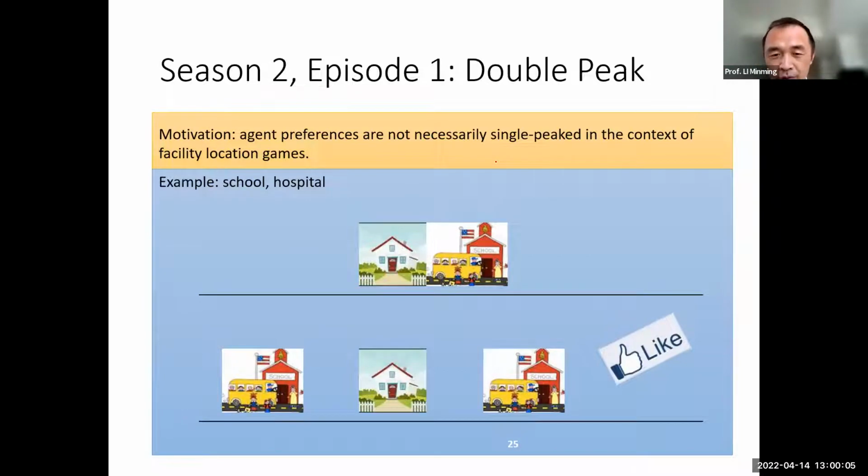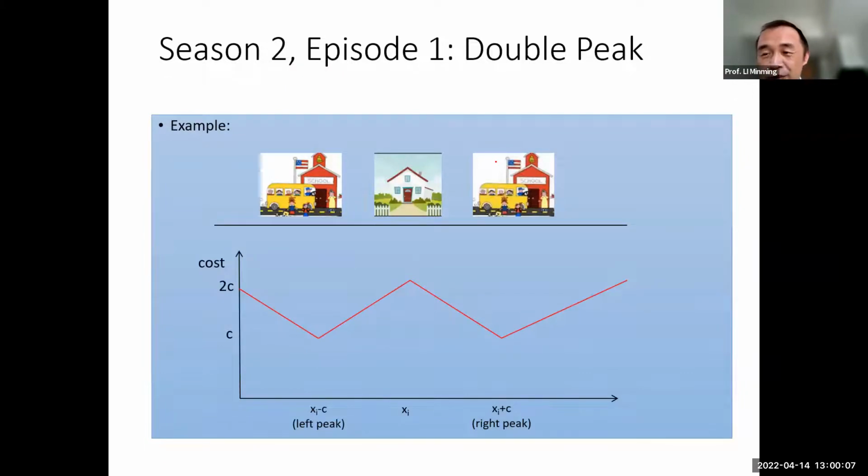Now, the cost function of that facility will be something like a W shape. Earlier, in a traditional single-peak facility location game, if you place it at the agent's location, it's best, with 0 cost. When you get far away, your cost will increase, and if you get far away in the other direction, your cost will also increase.